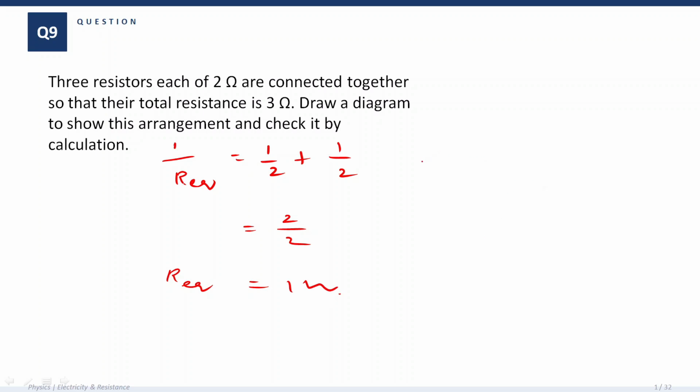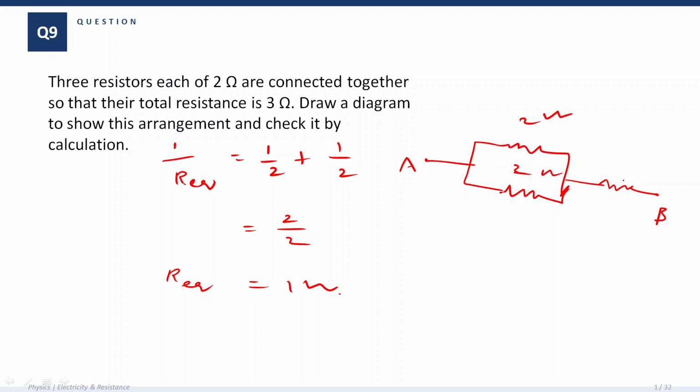Arrangement, see here. This is the point A. One resistor, second resistor, third resistor. Each one is 2 ohms.